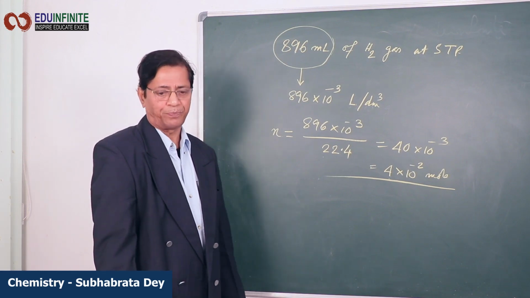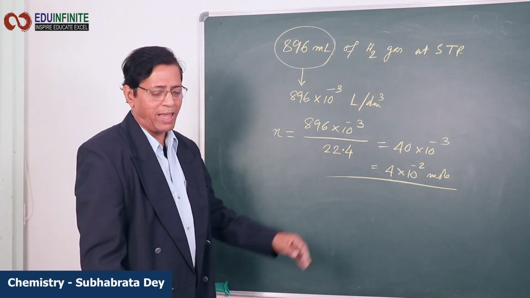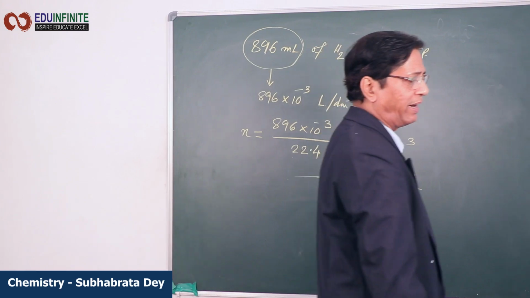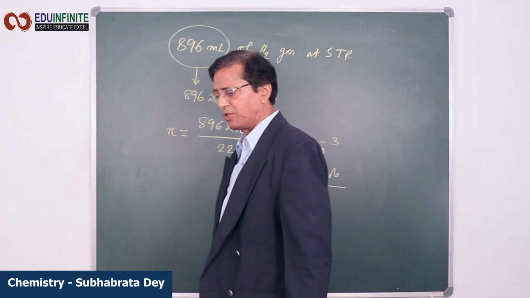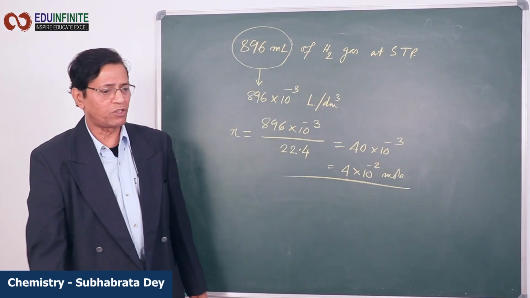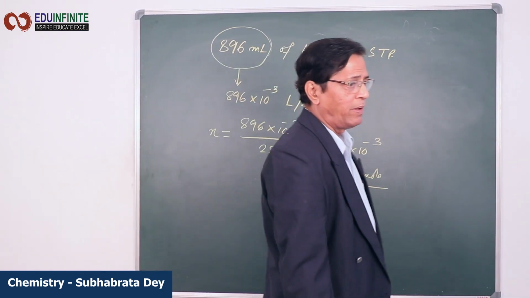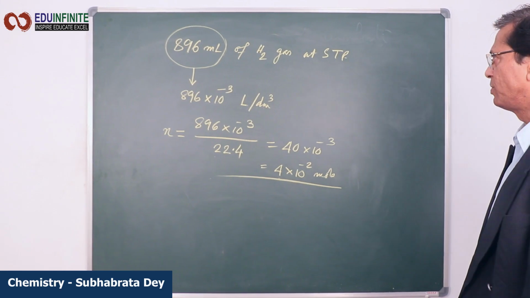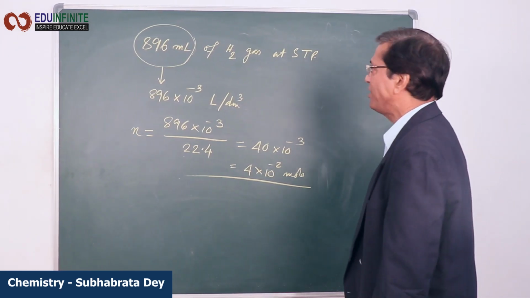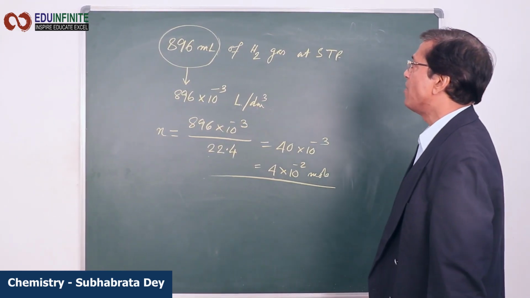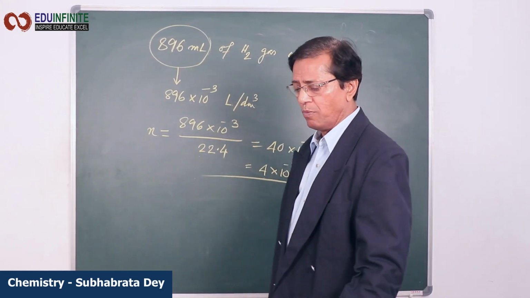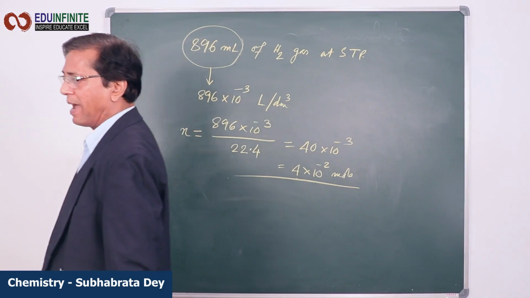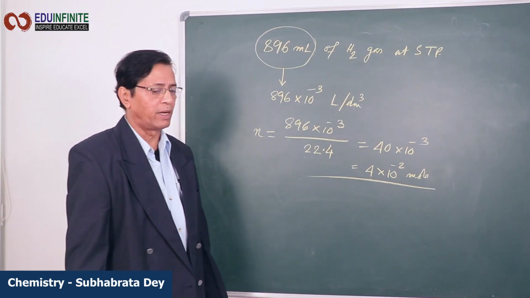So you can apply it this way, whatever is given: either the number of particles, then divide by Avogadro's number; or the mass of the substance, convert in gram and then divide by its molar mass; or the volume of a gas at STP, then divide that volume in terms of liter by 22.4 to get the number of moles.